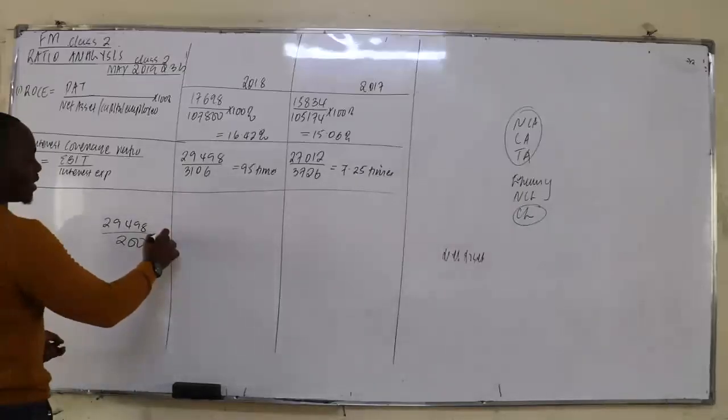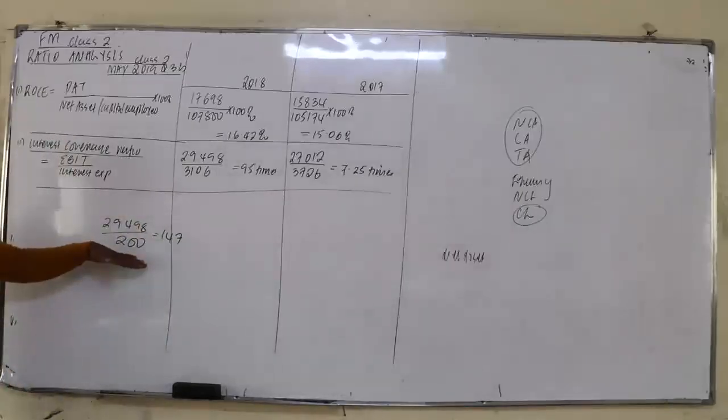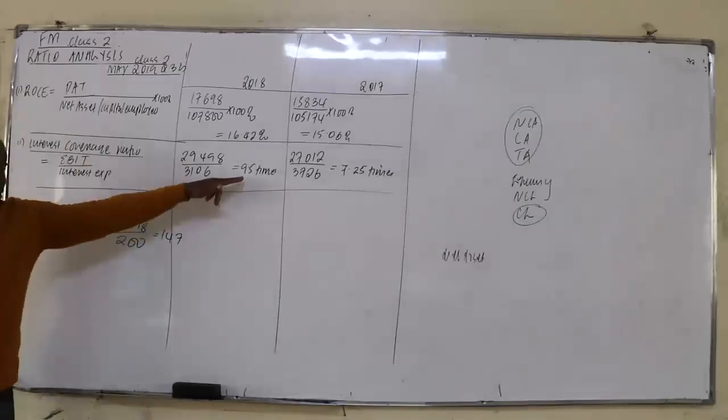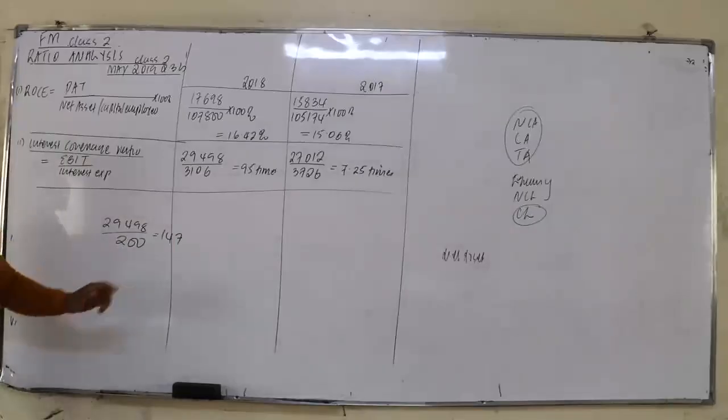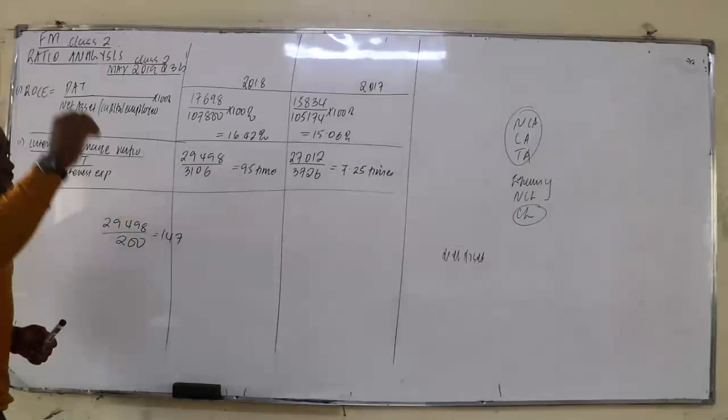You have it? 140? You see what's happening? If you reduce the debt, that means we pay less interest. So what happens to that ratio? From 9.5 to 140. That means if you reduce the debt, the times coverage ratio increases.